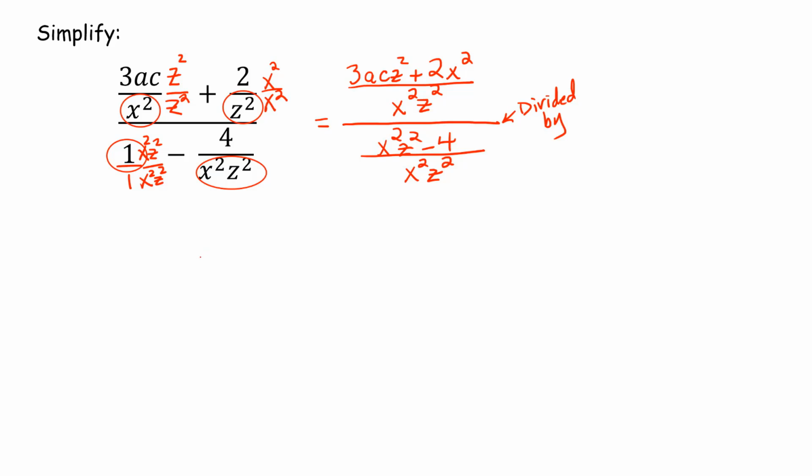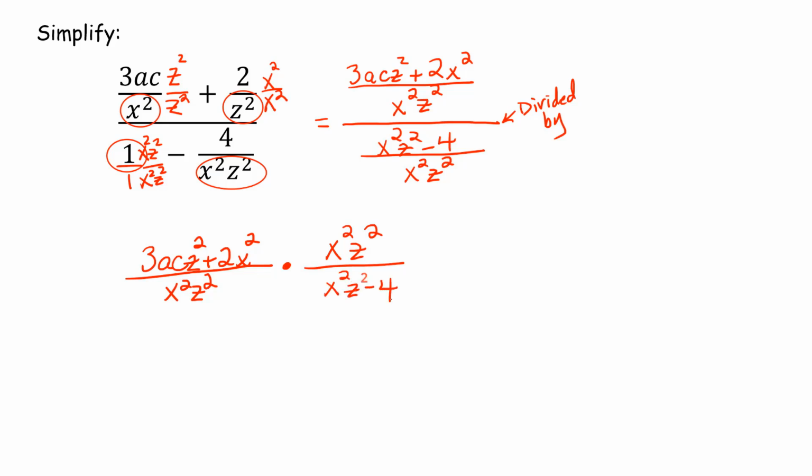So when we divide two fractions, we can take the first fraction, so this is the fraction from the numerator, and we can multiply it by the reciprocal of the other fraction. So x squared z squared is on top over x squared z squared minus 4.